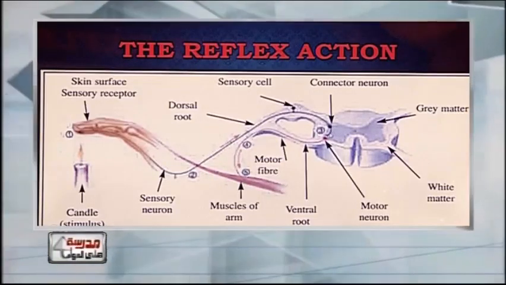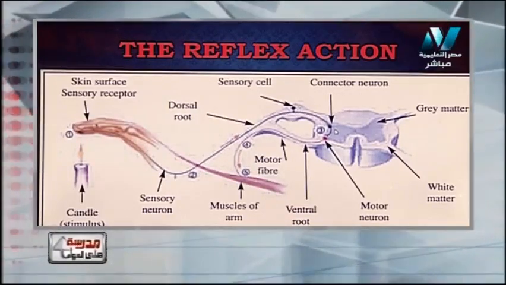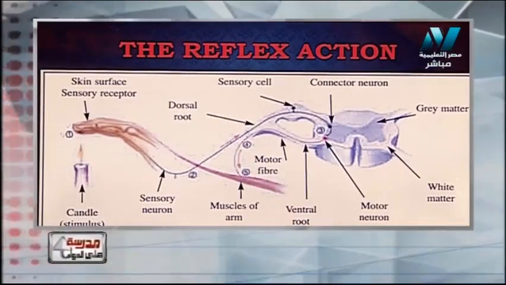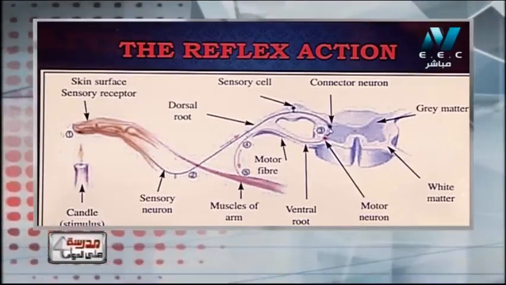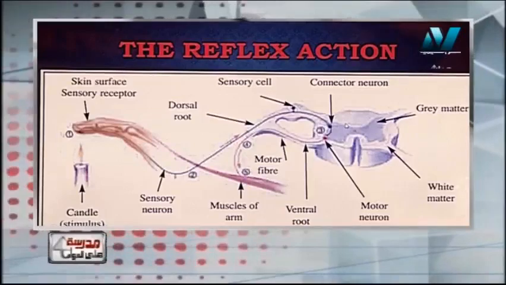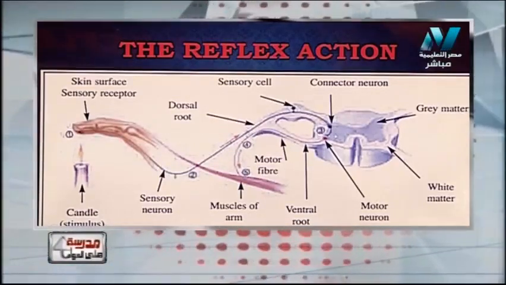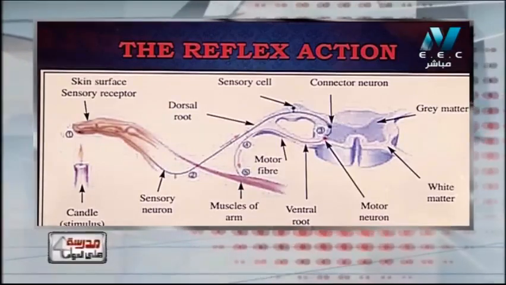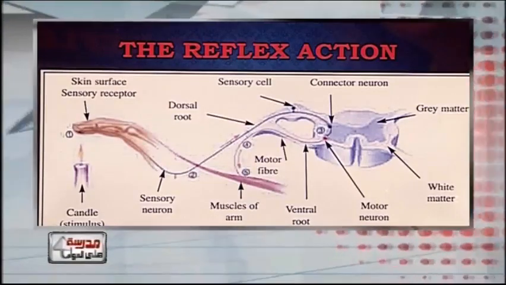The spinal cord produces pairs of nerves. One goes to the right side of the body and one goes to the left side of the body. And each nerve that comes out from the spinal cord has two roots, the dorsal root and the ventral root.